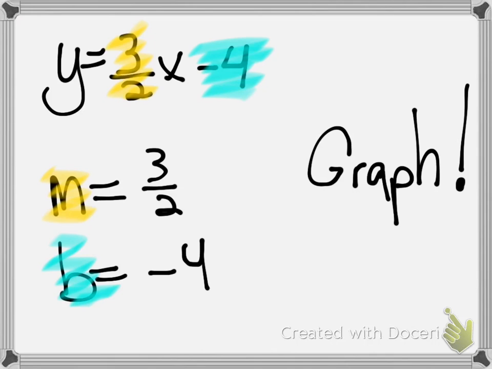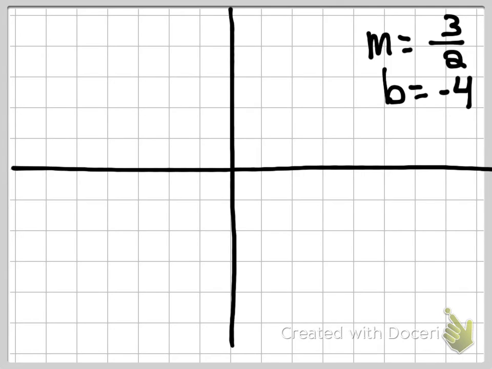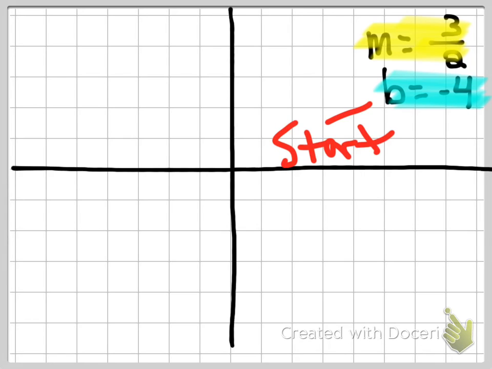So what I have to do is graph that. I've got my slope and my y-intercept. My y-intercept always tells me where to start, and the slope always tells me where to go.